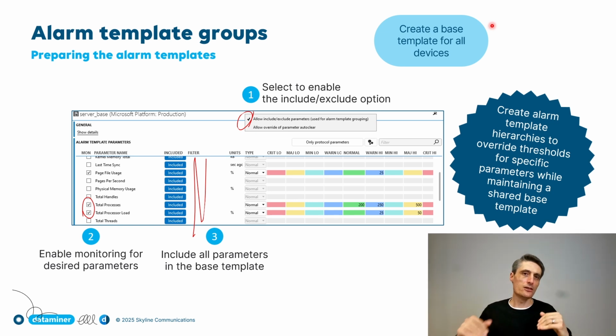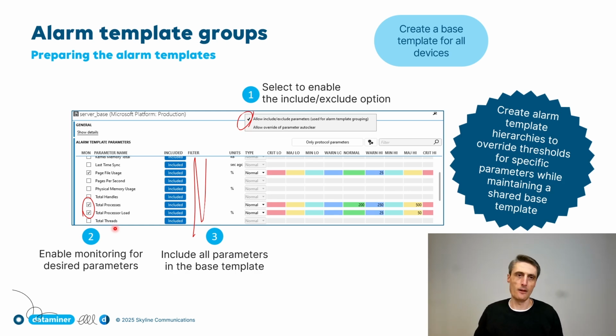And typically you will include all of the parameters in there and say, that's what I want for the regular default server or switch or satellite receiver or cloud encoding function, whatever you have there, that's my defaults that I define. So that's a good starting point.